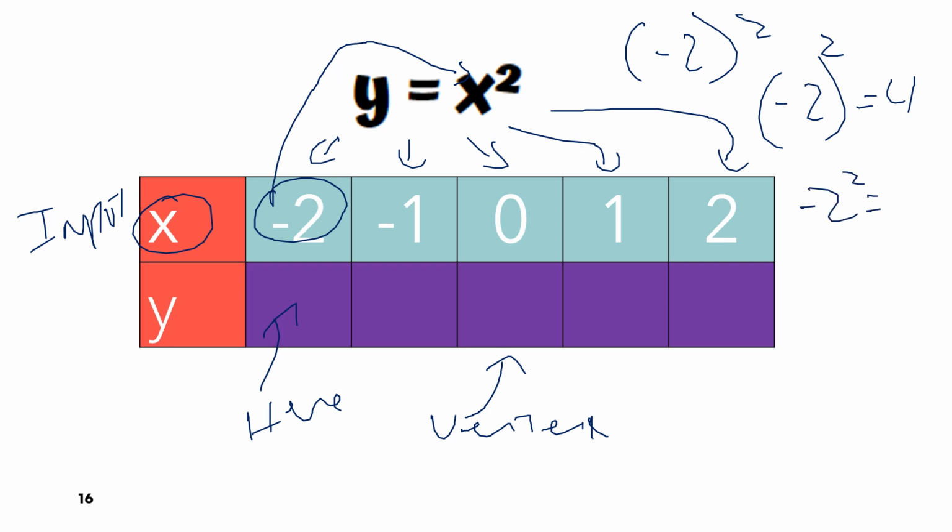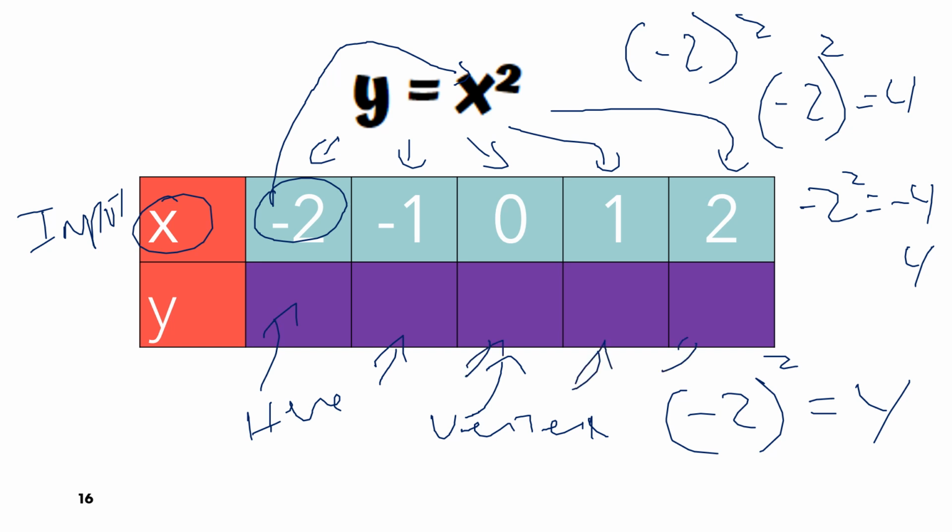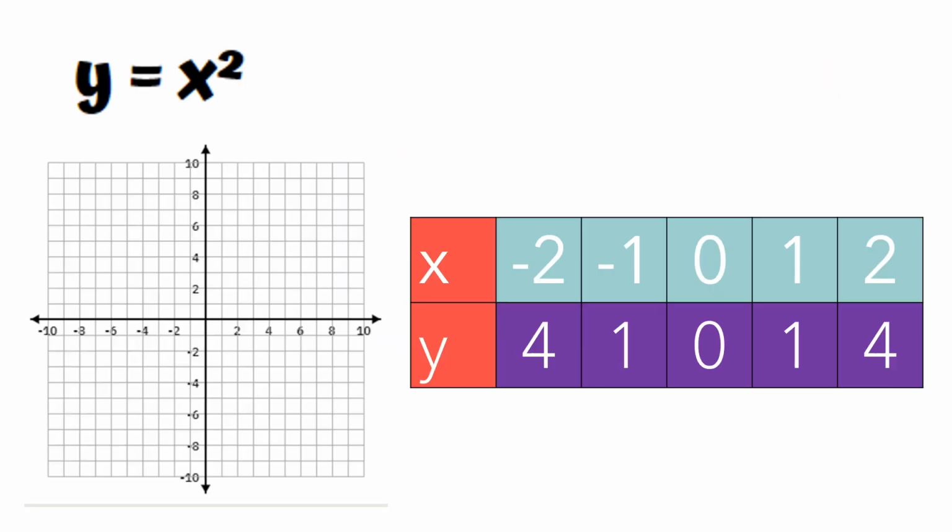Negative 2 squared without parentheses gives you negative 4, or sometimes it gives you 4, depending on the calculator you're using. You have to read the owner's manual to figure out how they want you to do it. But if you always put parentheses, no matter the operating system, you'll always get a positive number, the correct answer. Go ahead and fill out the table. I'll meet you on the next slide with my answers.